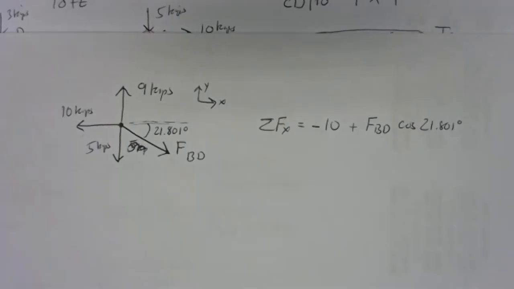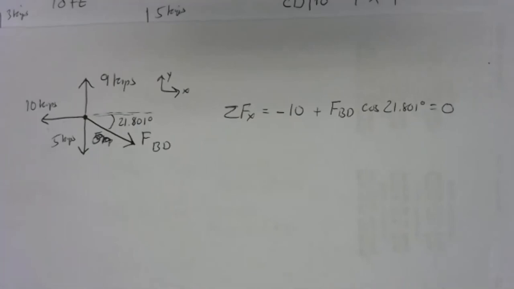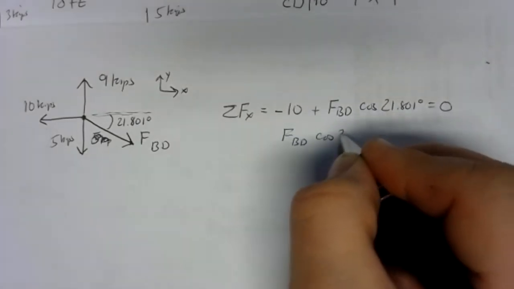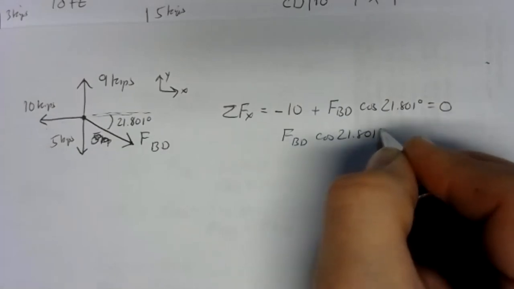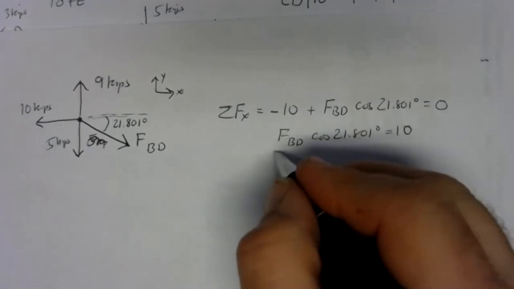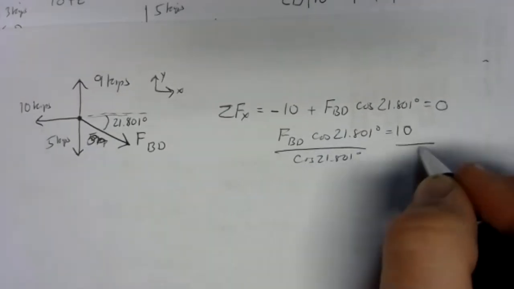I don't have to bother with the y direction equation. I'd get the same answer. So this is equilibrium, so that sum is equal to 0. And if we solve the equation, we've got FBD cosine of 21.801 degrees equals a positive 10. Divide both sides by the cosine of 21.801.